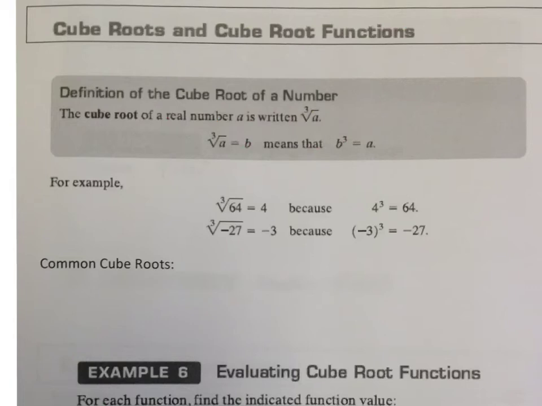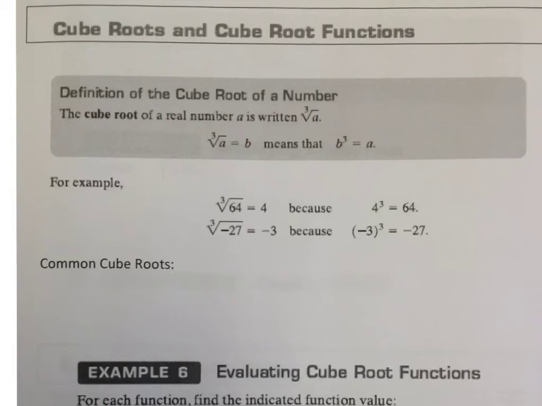If I can take a number, in this case b, and multiply it 3 times by itself, whatever number I get will be a. That means I can go backwards. That means the cube root of a is b, that number that I started with.